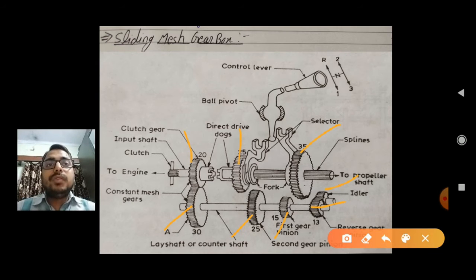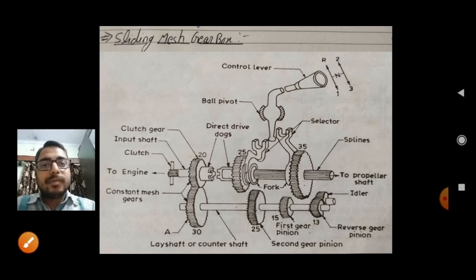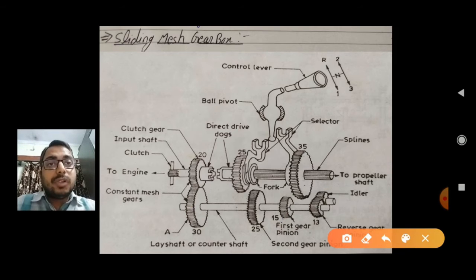And as the name suggests, sliding mesh means the meshing of the gears takes place by the sliding of the gears. First I will explain the different components of the sliding mesh gearbox, then I will explain its working. The first component is the control lever, by which you shift the gear.